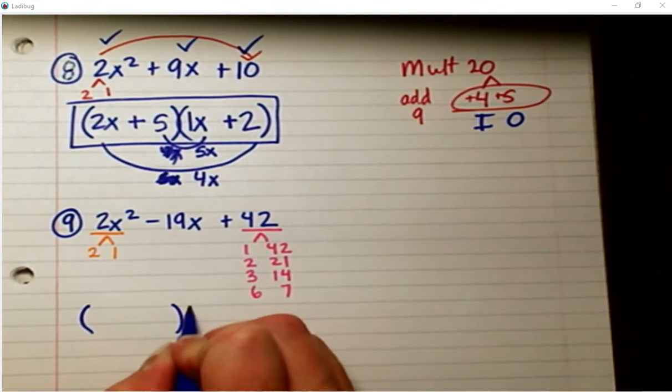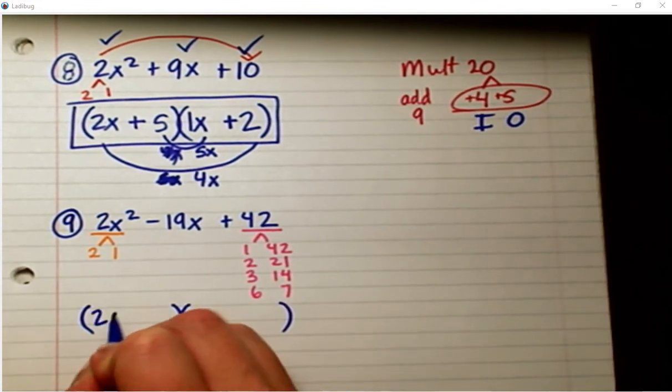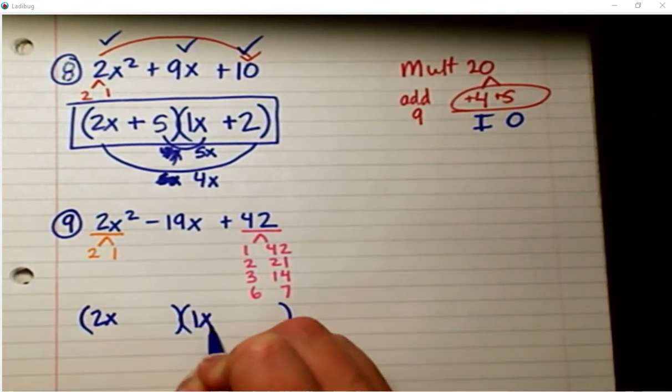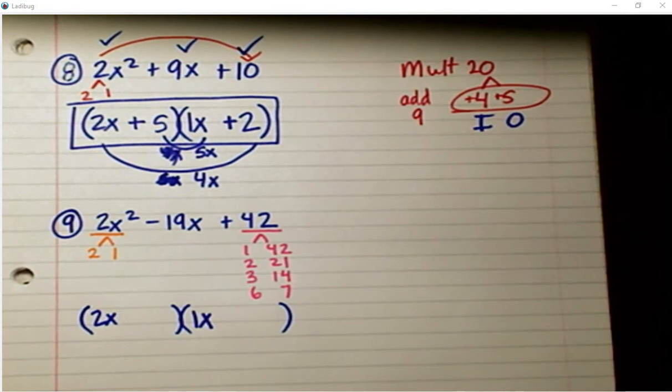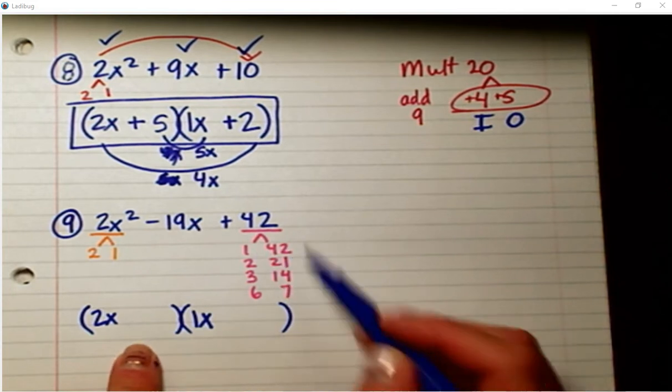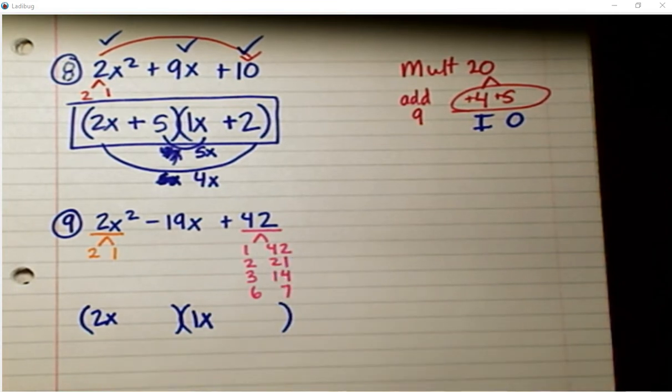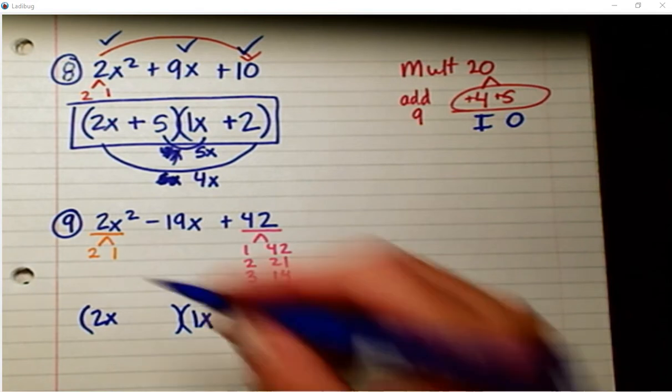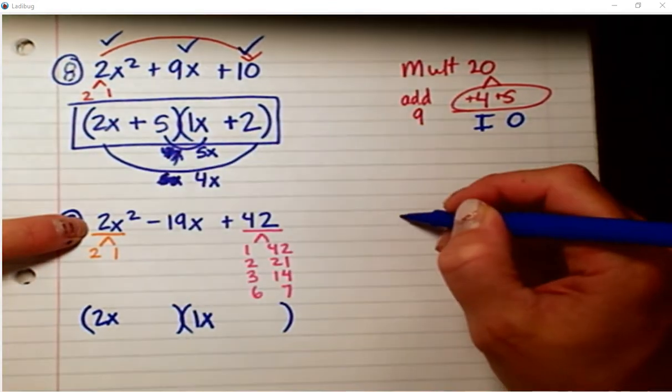So I'm going to put my parentheses down here, and I'm going to go ahead and place the one that I'm certain about. 2x times 1x. And I could sit here and try all of these combinations to see if I can get to -19x. But it's a lot of process of elimination. So I'm going to do this.